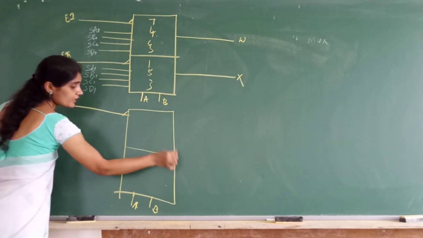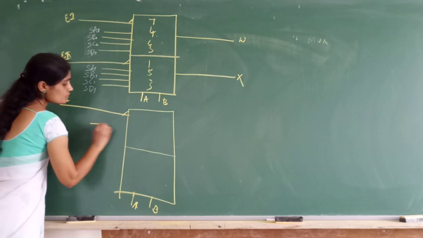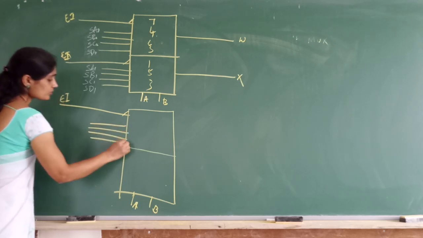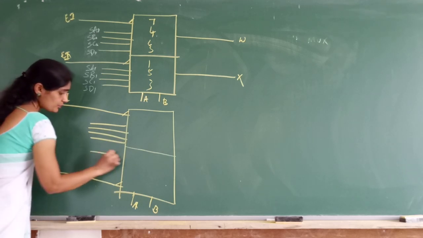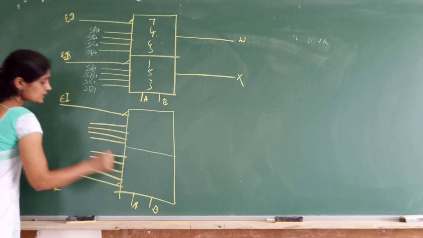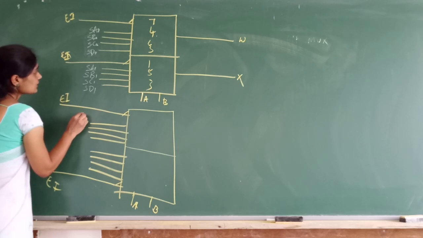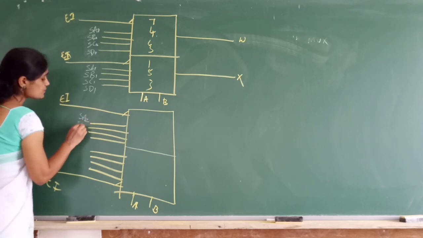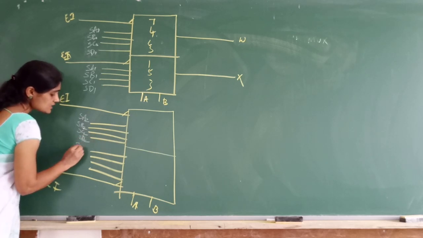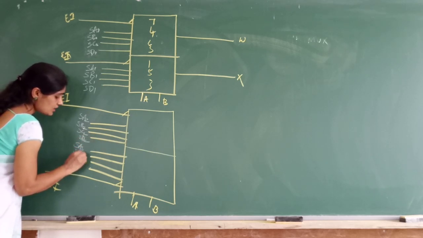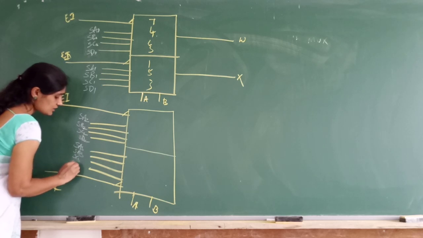So here also we have two 4:1 mux. So 1, 2, 3, 4. Similarly for this also one more enable input and 4 inputs 1, 2, 3, 4. Let us name these SA2, SB2, SC2, SD2. Here it is SA3, SB3, SC3, SD3.